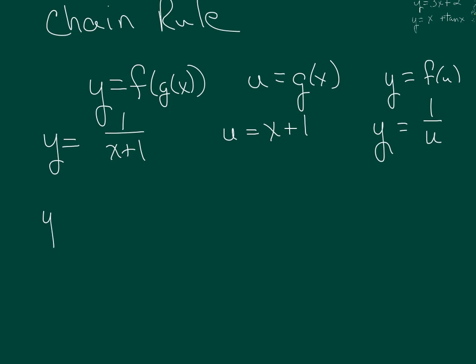So if I have y equals the sine of 2x, what might u be? 2x. And so we could rewrite y as y equals the sine of u. That should have been an x and not a u.